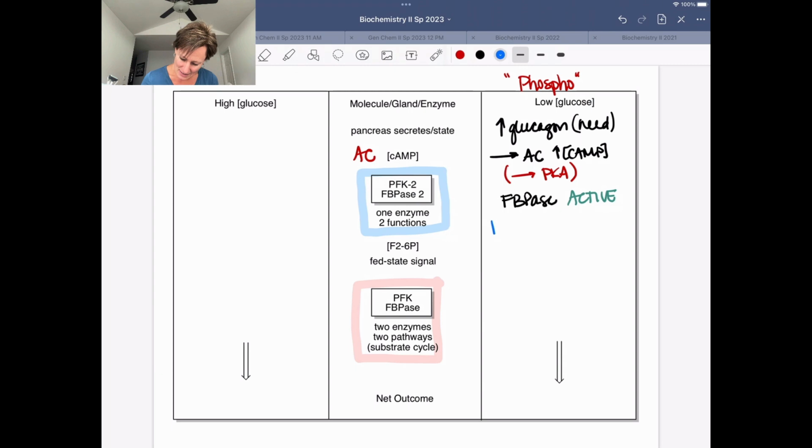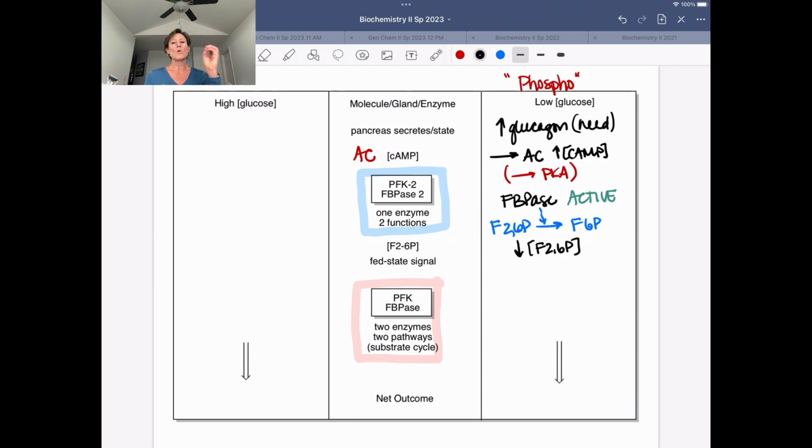We're going to be taking F26P and snipping off that phosphate. So this enzyme is going to be snipping off that phosphate, and we're going to be making F6P. So at the end of the day, what this means is we are decreasing the concentrations of F26P, our fed state signal.